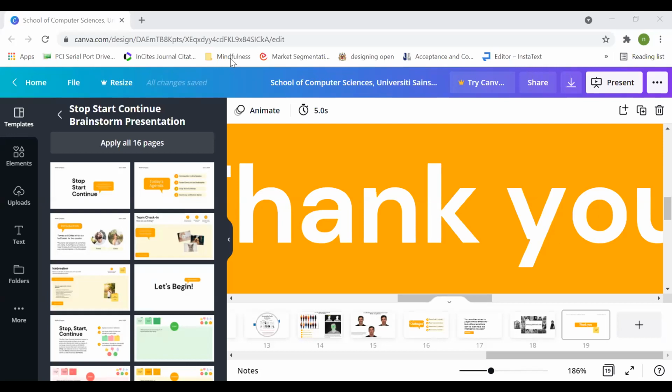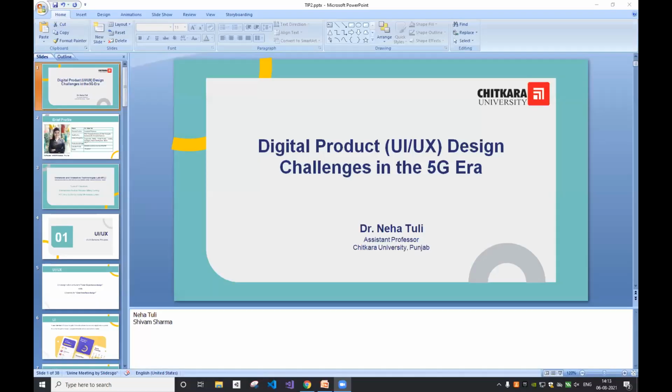Oh, okay. No, it says you can't start screen sharing while other participants are sharing. I think, Pak Yuda, you have to allow that as the administrator or host. Okay. Now you can try, Dr. Neha. Oh, thank you so much. Is my screen visible?